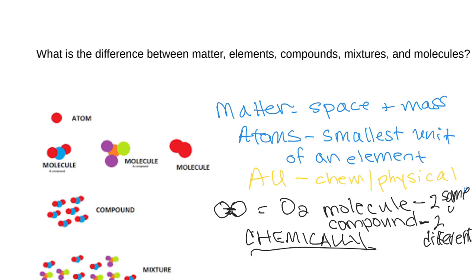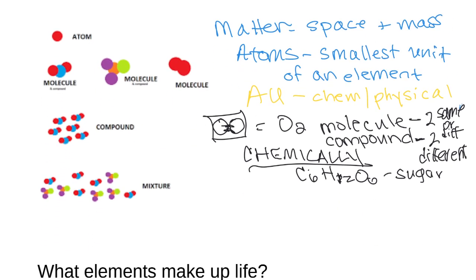So it can be same or different. So for example, my oxygen here, that is a molecule. But if I'm looking at C6H12O6, which is sugar or glucose, that is a compound, not just a molecule. So hopefully you understand the difference between those two.